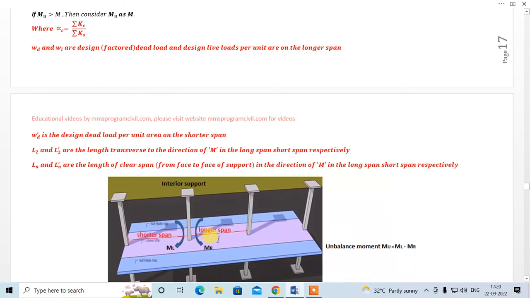Say if the spans are same, then your Ln will be equal to L dash n. Okay, simple, right? This is only applicable when the spans are different, right? Otherwise, if the spans are equal, then your Ln will be equal to L dash n.